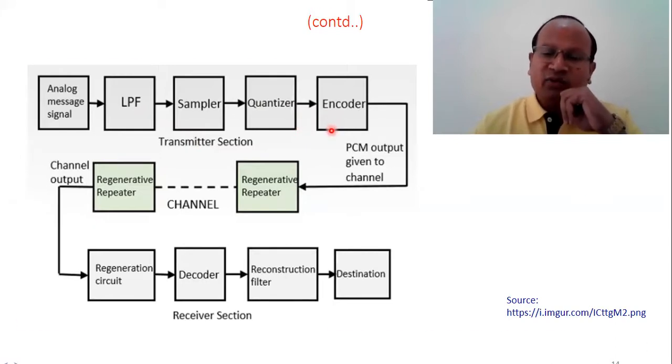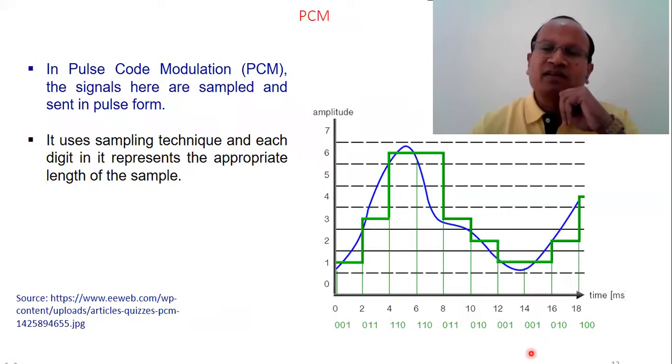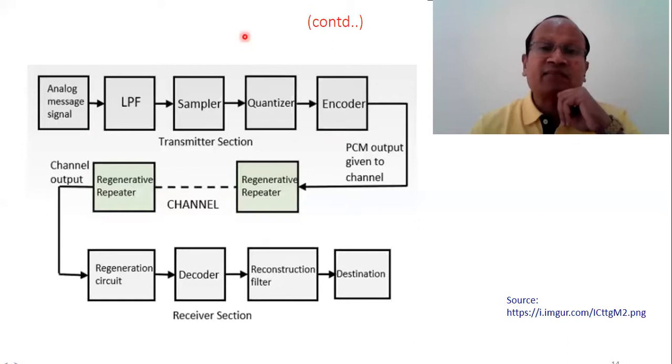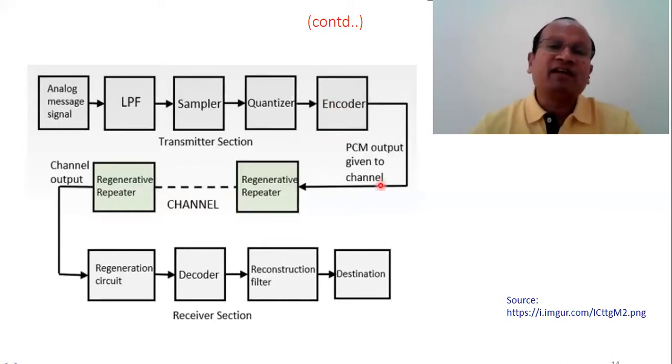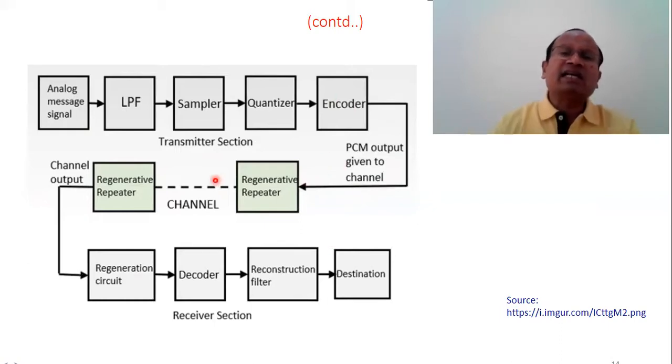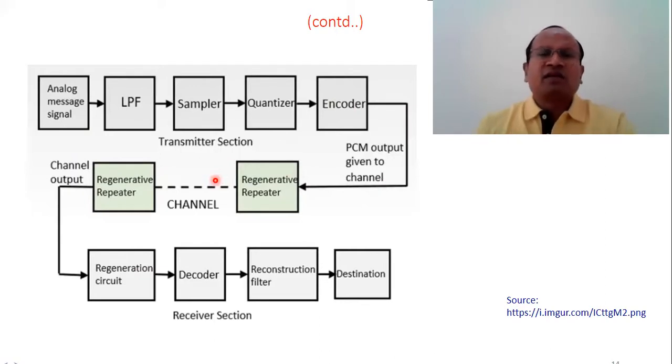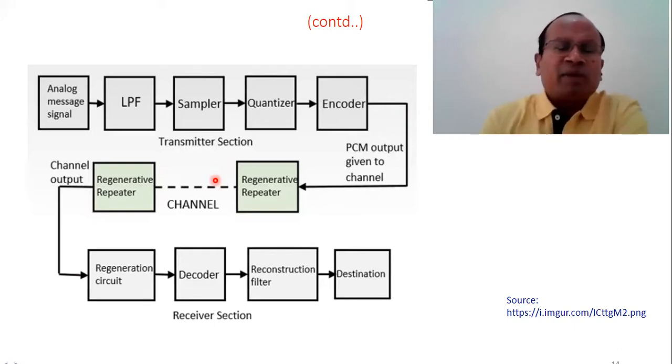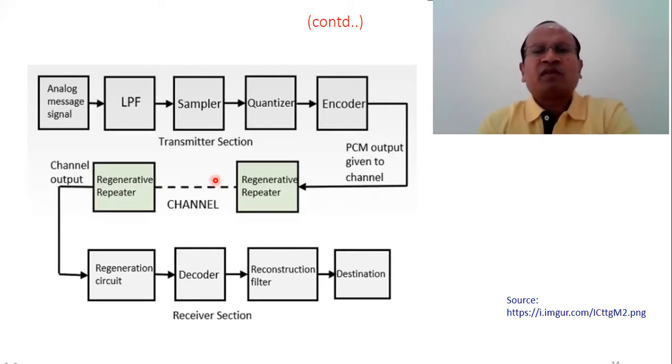What do we get? We get the signal in the form of codes 001, 010, 100, in the form of pulses. Those pulses are transmitted through the channel, and we use a number of regenerative repeaters, because when signals are transmitted in the form of pulses, the signal strength has to be boosted up, at different points of the medium.